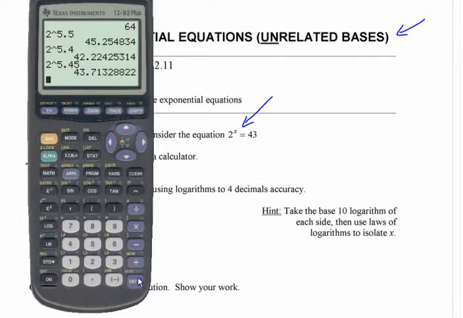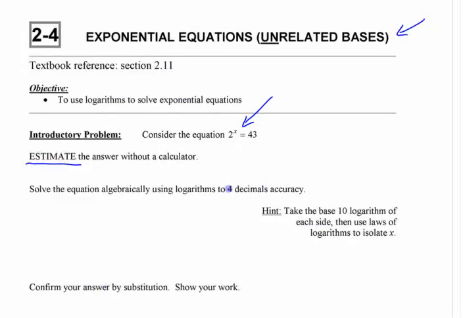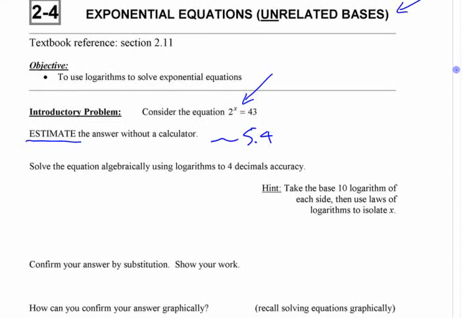I'm sure you could zero in on it pretty quickly, right? 5.42, something like that. There's a way you can solve it using logarithms now that you know base 10 logarithms. So you know it's going to be about 5.4 something. I'm going to say roughly 5.4. But we're going to find it pretty quickly, pretty accurately using logarithms.